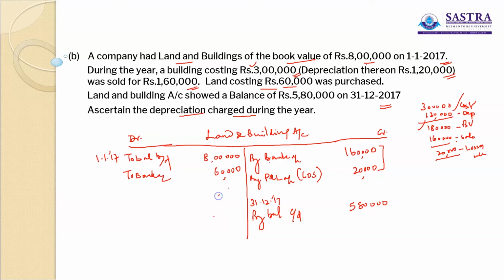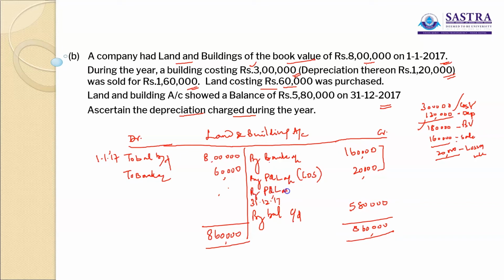Now we can close the ledger. So your total will be 8,60,000. So here it is 5,80,000, 6 lakh, 7,60,000. So your debit exceeds the credit. So the difference should be taken to P&L account.